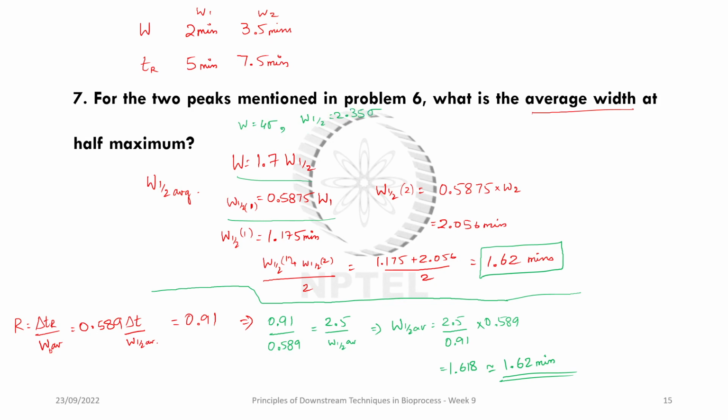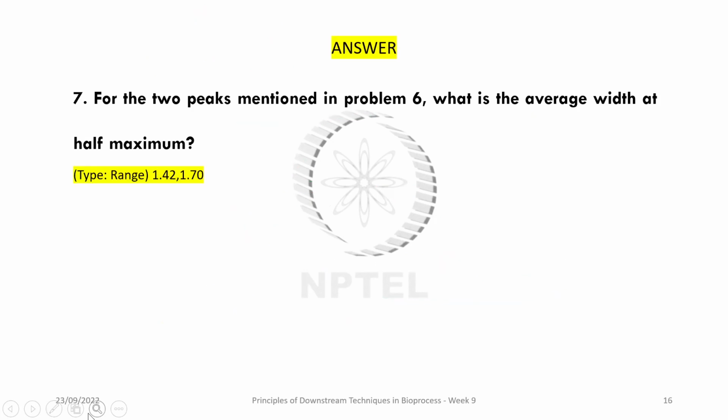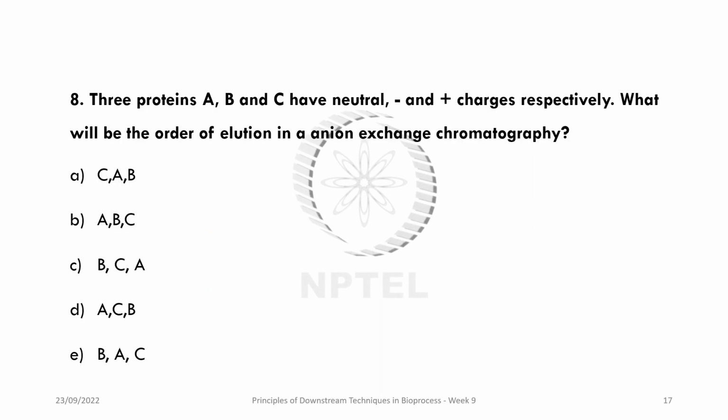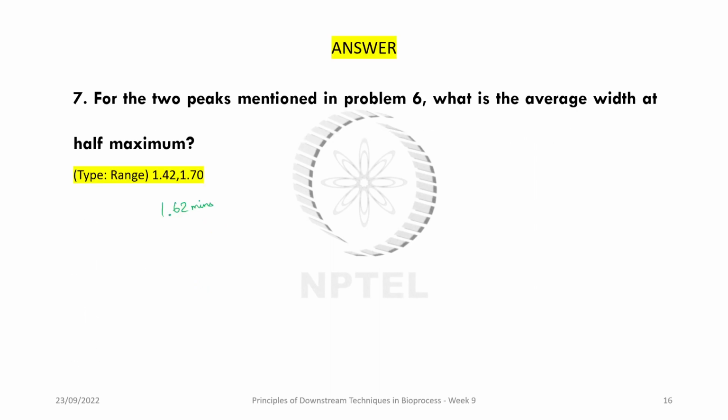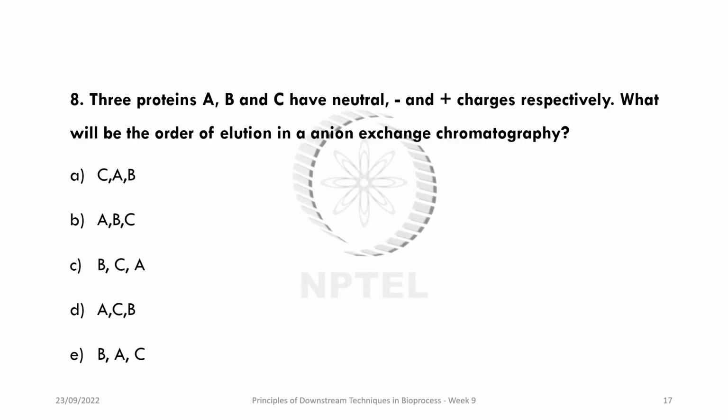So based on that we have arrived at these relations and we are getting the same answer with both methods. This is the actual formula that you need to use. So the answer that we got was 1.62 minutes was average, right? Yeah. Was that clear? No questions, right? We are moving on to question 8.